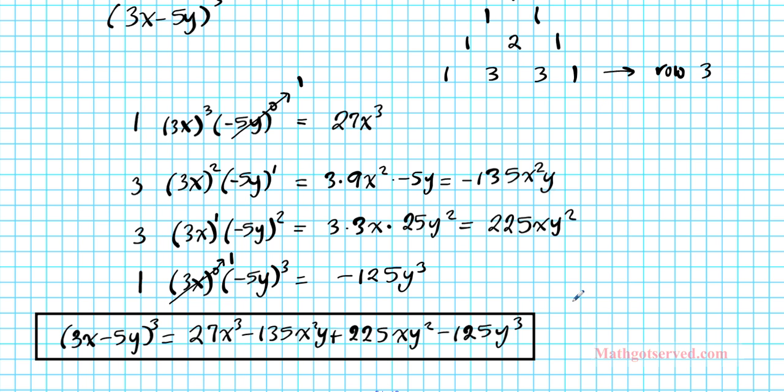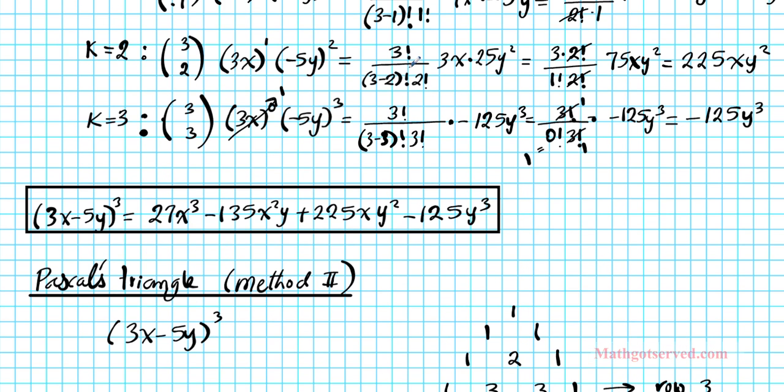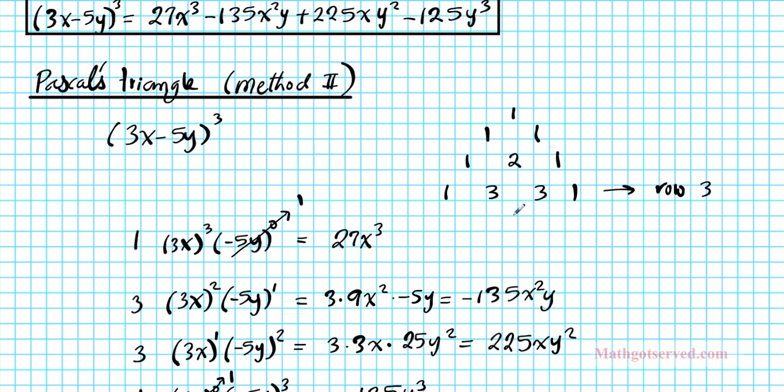But what if we were finding the 50th expansion, the 50th power? If we wanted to use the 50th power, we can compute the terms directly using a calculator with this method right here. But if you wanted to generate the 50th row of Pascal's triangle by hand, it's very, very difficult and time consuming.